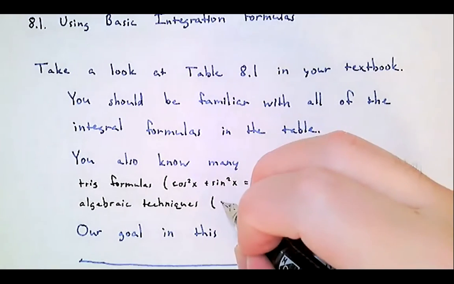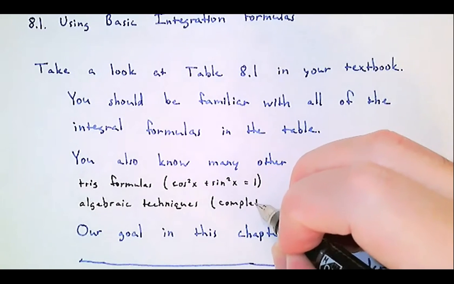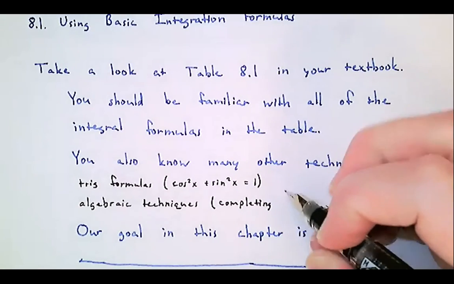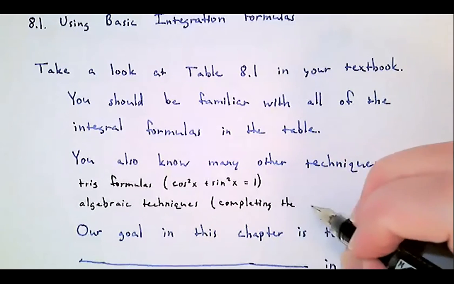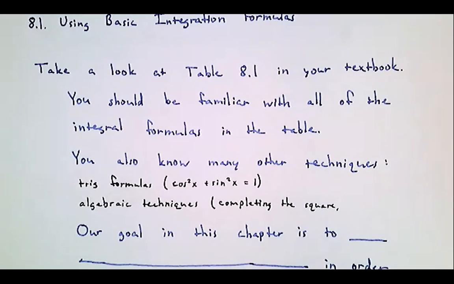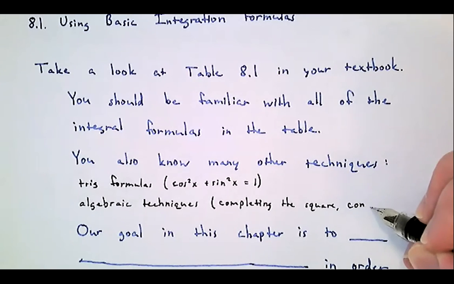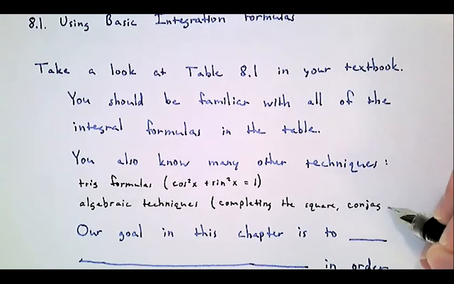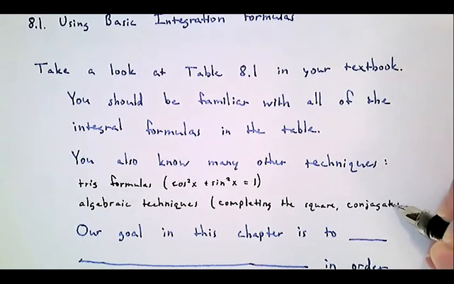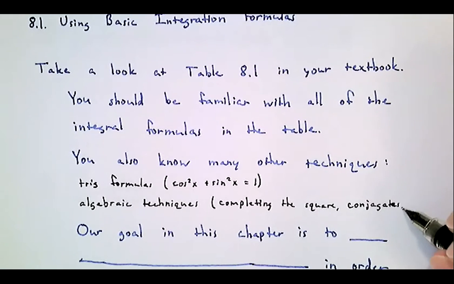These are things like completing the square, which I know we've done a little bit with in examples. There are a few other things. Multiplying by conjugates, so I'll just write down conjugates. This was a technique that you might have learned in algebra to get square roots out of denominators, that sort of thing.